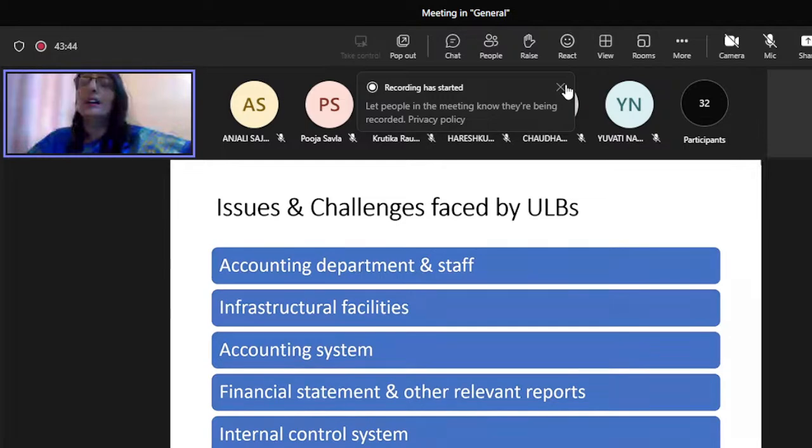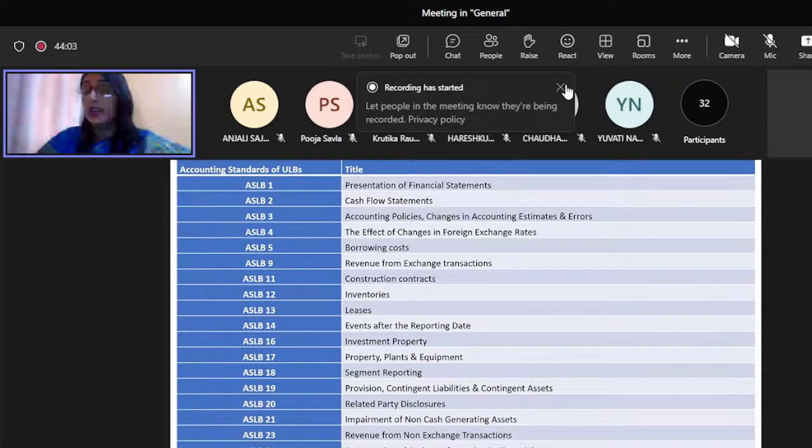Here is a suggestion that they should develop a proper accounting department with a person from a commerce background or having knowledge of the accounting standards, because our institute is really making great efforts. These are the accounting standards which our institute helped to draft.